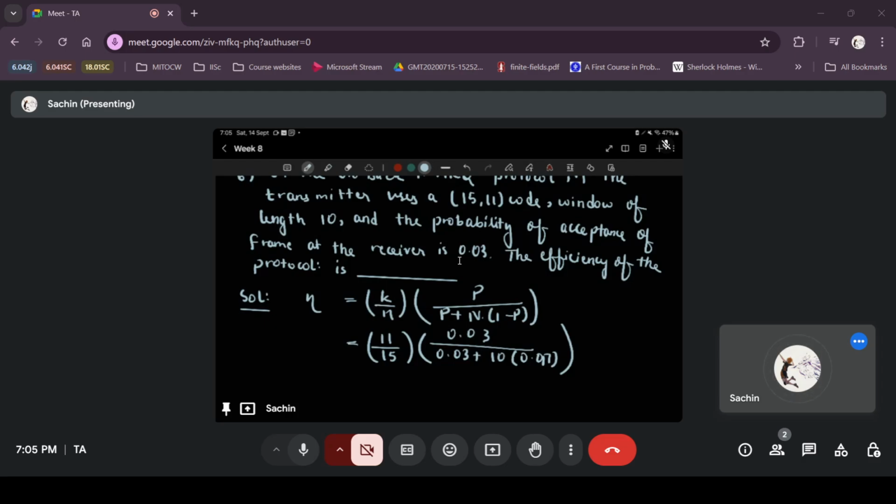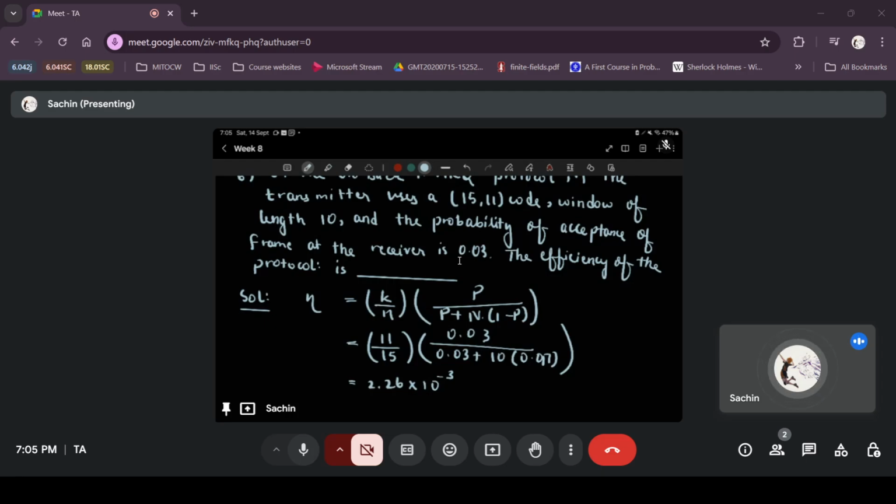Now it's fine. 0.97 times 10 is 9.7. 9.7 plus 0.03 is 9.73. 0.03 by 9.73 is 3 over 973, into 11 divided by 15, which is 2.26 into 10 power minus 3.